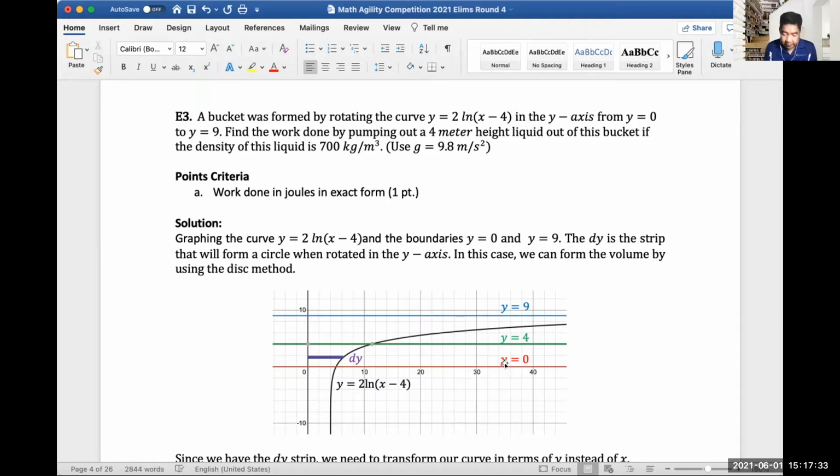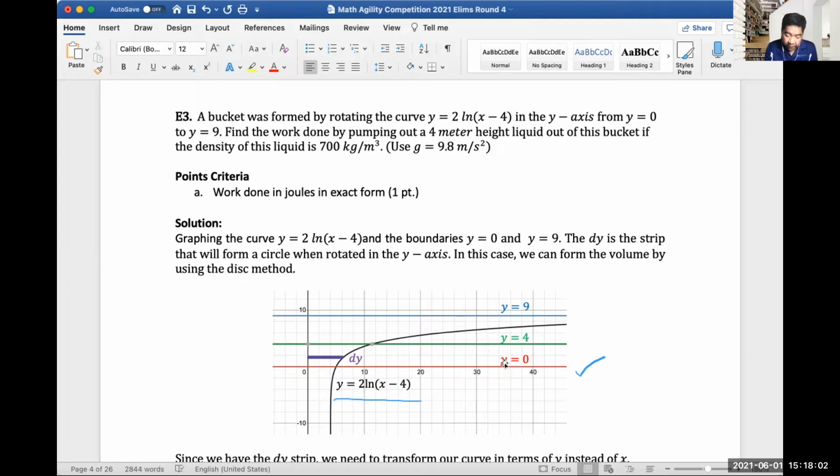Okay, first thing first, again, we need to draw it. I used Desmos in creating this curve. So we have 2 ln of the quantity x minus 4, which is this black curve here. And then our boundary at y equals 0, and another boundary, which is y equals 9 here.